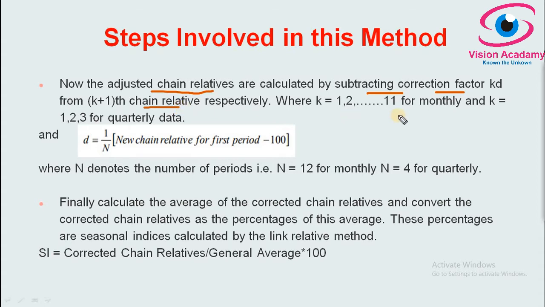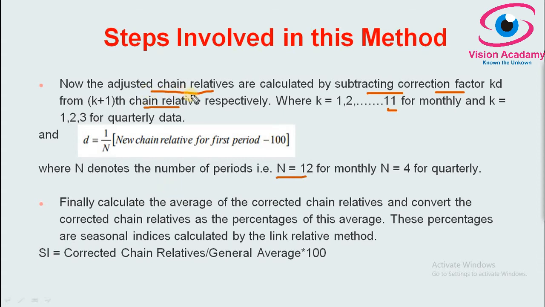For calculating the correction factor, we have K times D, K plus 1, K over N, where N is 12 for months and N is 4 for quarters. D, the difference, is given by the formula 1 by N into the new chain relative for the first period minus 100. I will show you how to obtain this while solving the problem directly.